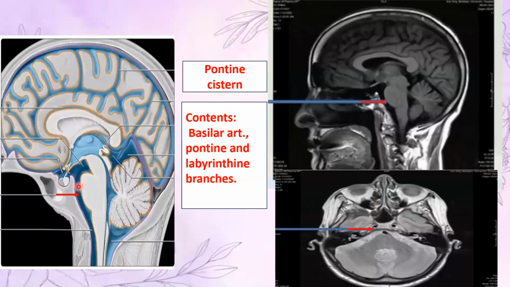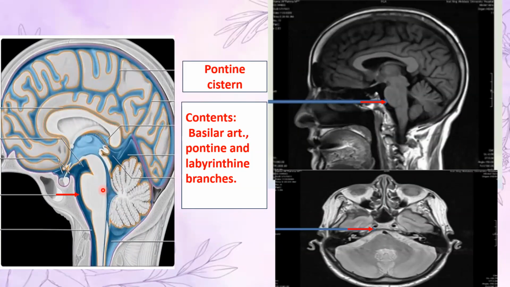The next cistern is the pontine cistern, which is situated behind the clivus, and it is anterior to the pons. It is continuous with the interpeduncular cistern above, and it receives CSF from the fourth ventricle through its two lateral apertures, which are known as the foramina of Luschka.